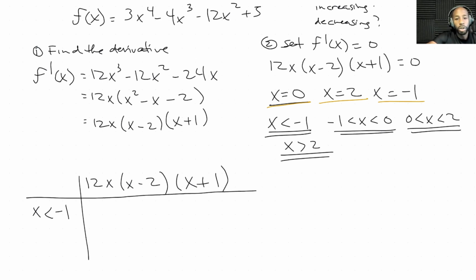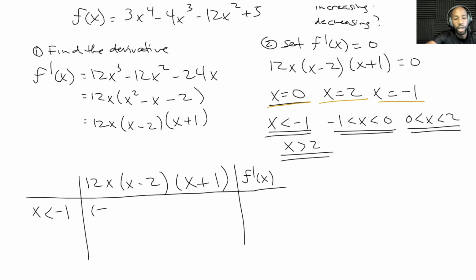we'll be able to see. So hold on. What happens is when we see the behavior of the different parts of the function when x is less than negative 1, then we'll be able to ultimately see if the first derivative is less than or greater than 0. So when x is less than negative 1, this is going to be a negative number.